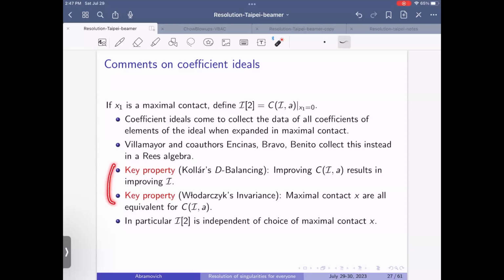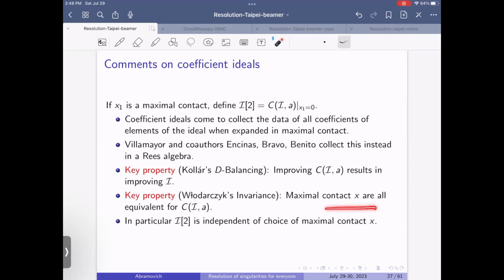There are 2 key properties of the coefficient ideal. One key property is that improving the coefficient ideal results in improving the original ideal I. And the other is a principle of Wodacek, which, for me, is the first time that I felt that I can understand how to resolve singularities in Hironaka's original methods.